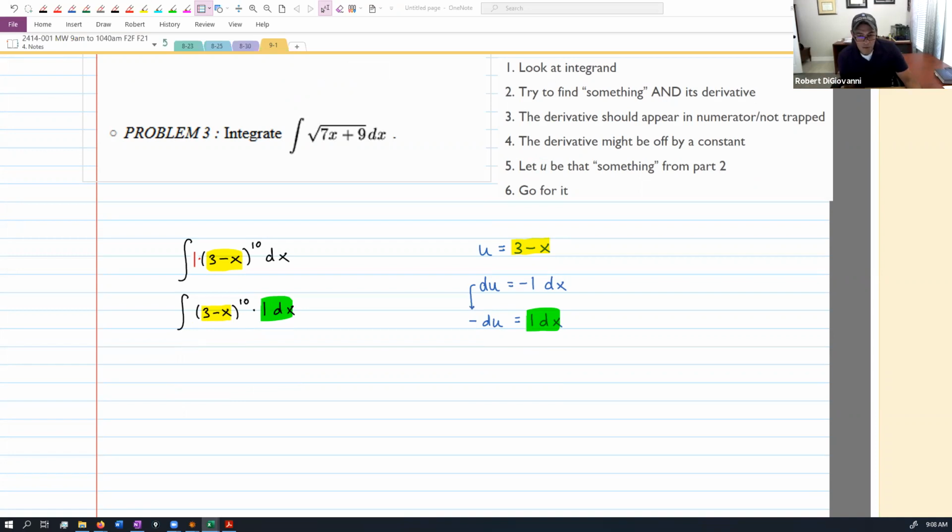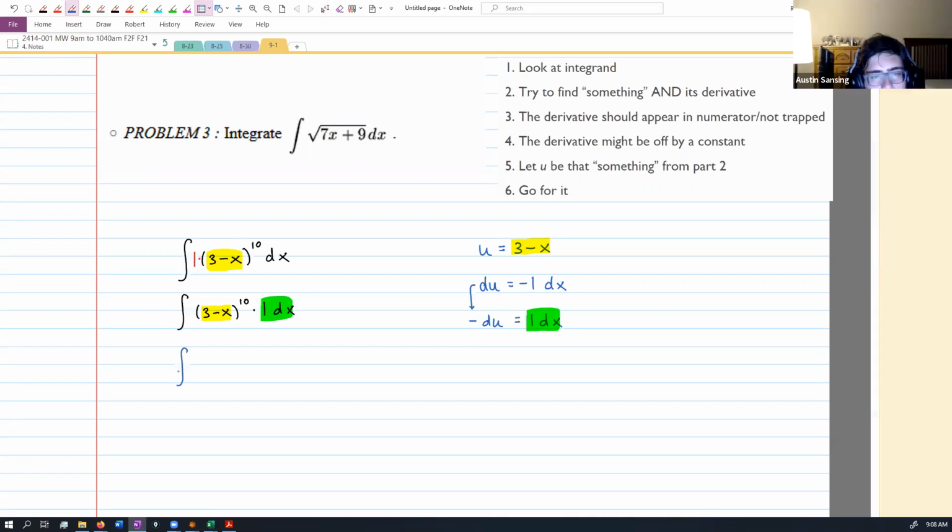Okay, so are you clear on what the next line would be? Like how we would rewrite this, what the new integral would turn into? U to the 10th times negative du. There we go. Good.